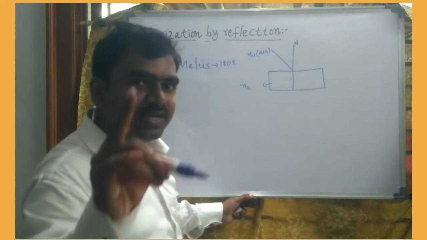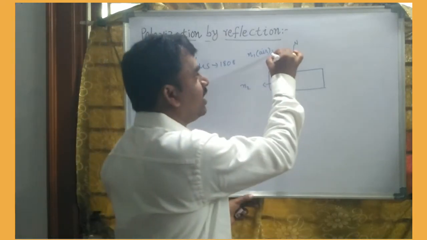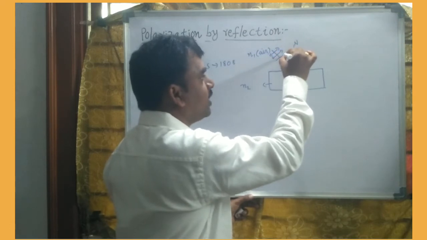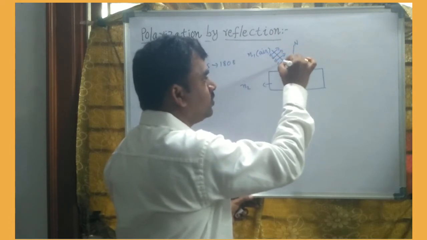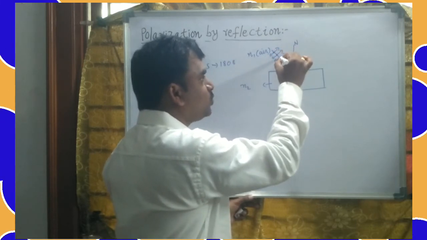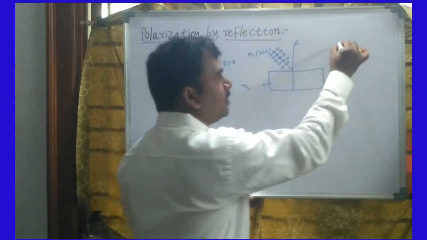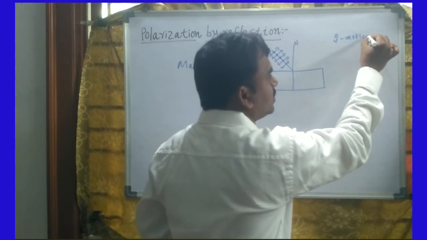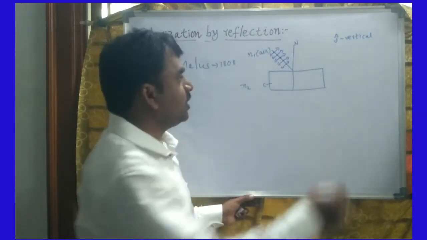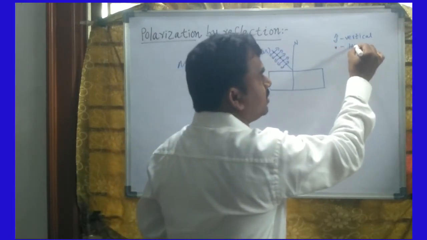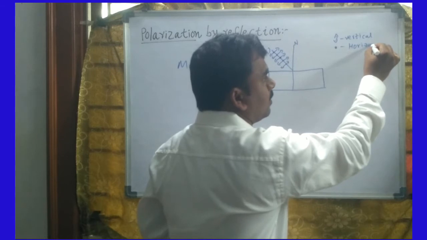As we know, unpolarized light has two vibrations: vertical vibrations and also horizontal vibrations. These vertical vibrations we denote with double-ended arrows, and the dots represent horizontal vibrations.